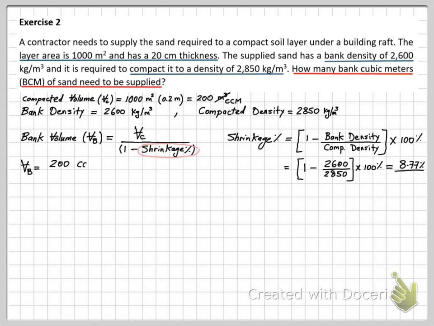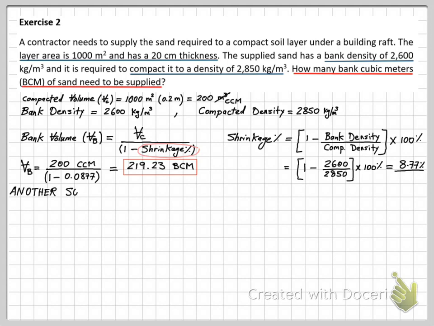So you can now plug in the formula of the bank and compacted relationship, 200 compacted cubic meter over 1 minus 0.0877. This means that your bank volume needed for that 200 compacted cubic meter is only 219.23 bank cubic meter. It's not a big difference, but because this is a small quantity, you will not see a big difference, but in large quantities it will be really significant.